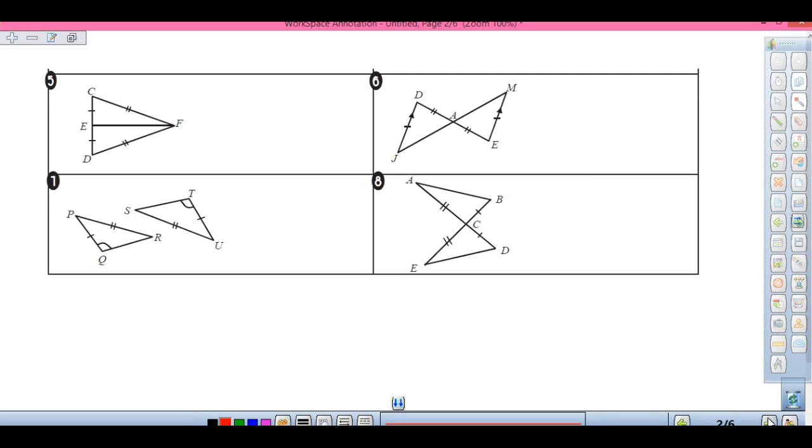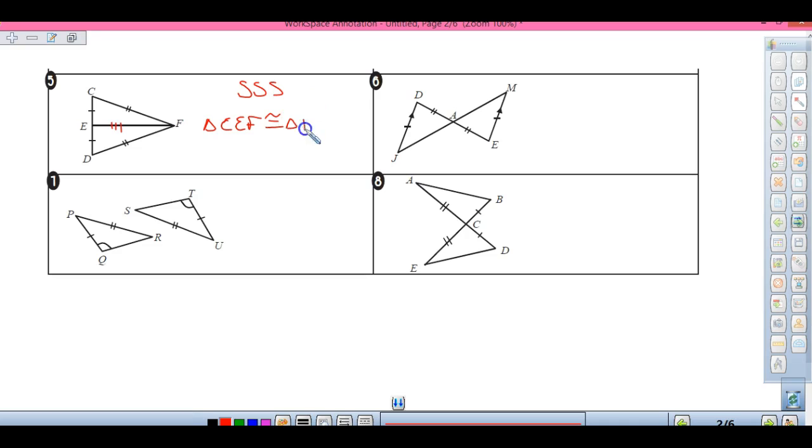Okay, how about number 5? I heard it. Side, side, side. Anytime, guys, that I have a shared side like this, and I'm putting it into a proof, what's my reasoning for it? If I said EF is congruent to EF, reflexive property, yes. Okay, so triangle CEF is congruent to triangle, what goes with it?